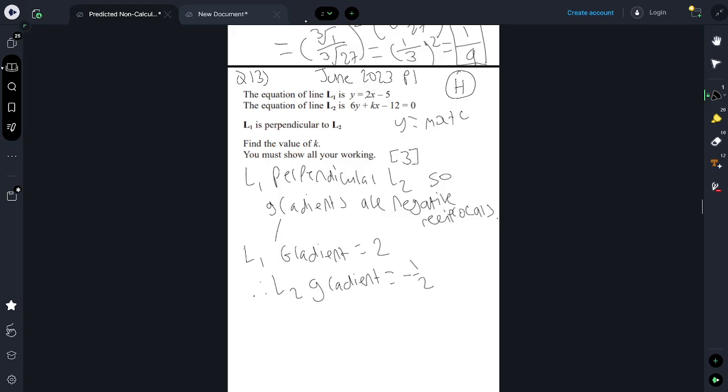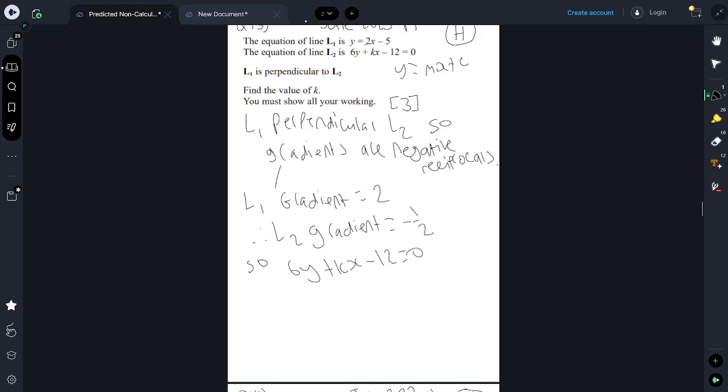Write it in this form, y is mx plus c. We're given the equation of L2 here: 6y plus kx minus 12 equals 0. Let's try and write it in this form, like L1, y equals, so we can compare. So 6y is minus kx plus 12.